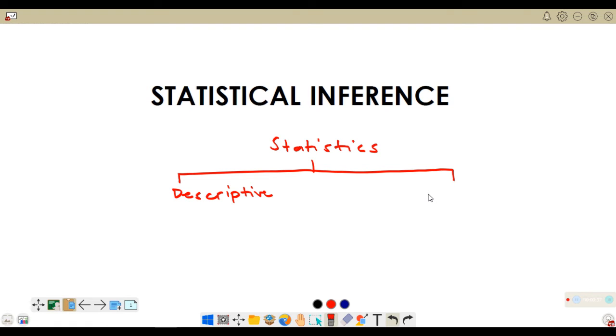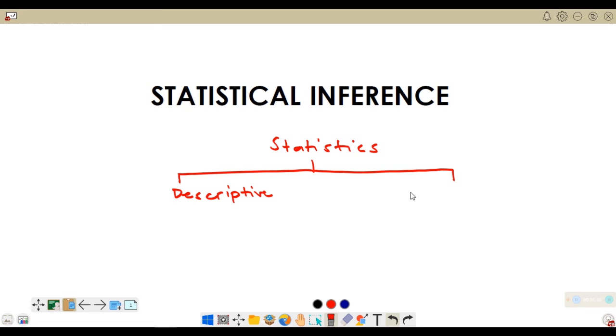So if your target is only to give a general view about the population through measures of central tendency like mean, median, mode, and measures of dispersion like standard deviation, interquartile range, coefficient of variation, and other measures of dispersion, then the methods you will use are only in descriptive stat.